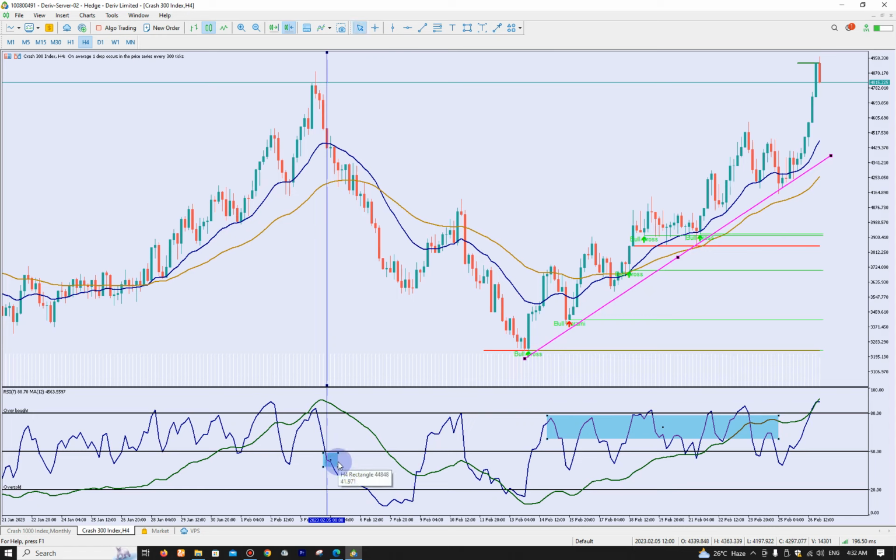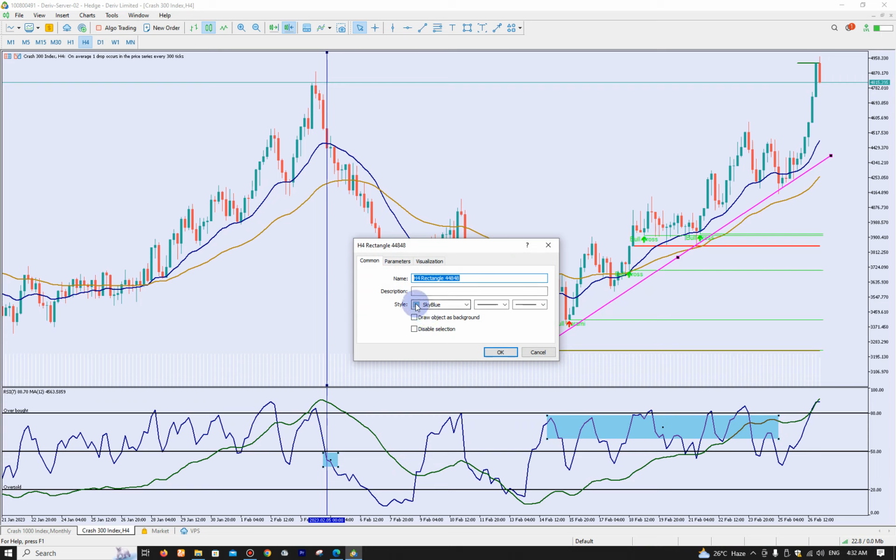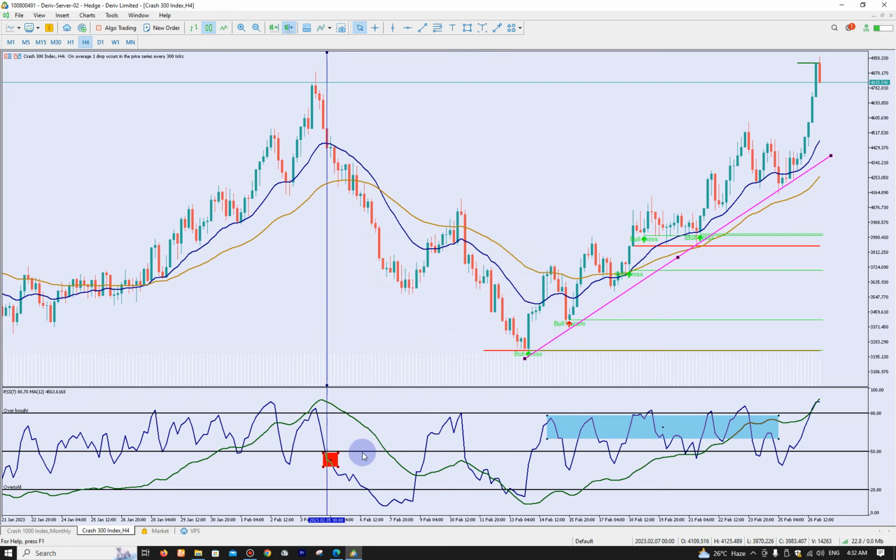This is a good way for me to enter the market if I want to use the RSI as my entry signal. Whenever I see price below this, I can actually short the market, jump in, ride it till I get to this level, and I exit the trade.